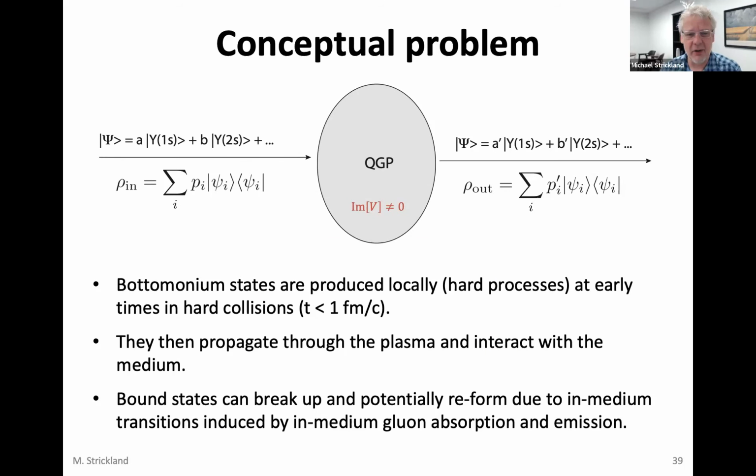Now, on the theoretical side, as I said, the conceptual problem can be reduced to the following: I have some quark-gluon plasma, and inside of it I have some modification of the potential between the heavy quarks, but it's complicated by the fact that the imaginary part of this potential is not equal to 0. And that means that the evolution will be non-Hermitian.